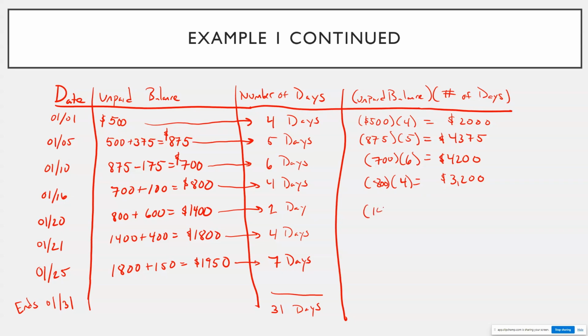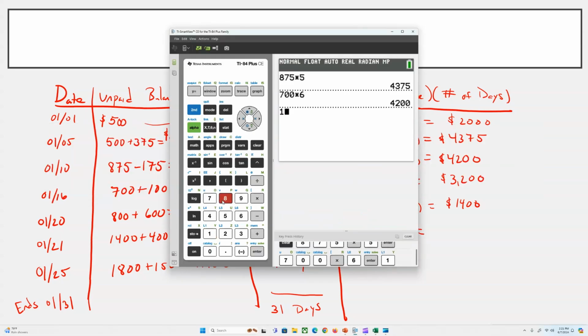1,400 times only one day is just 1,400. I'm going to take 1,800 times 4, $7,200.